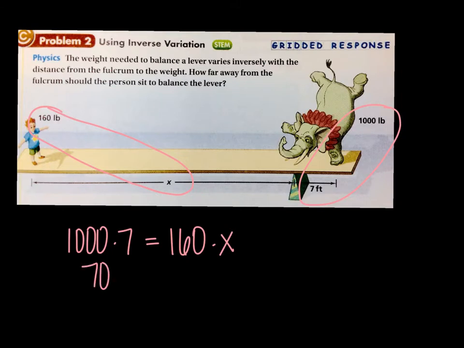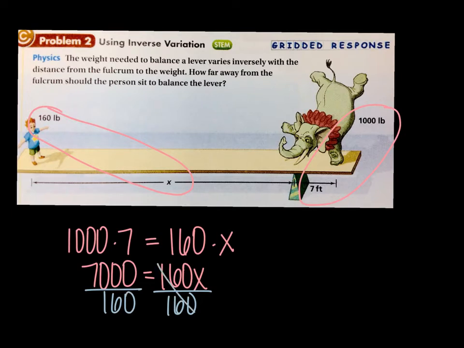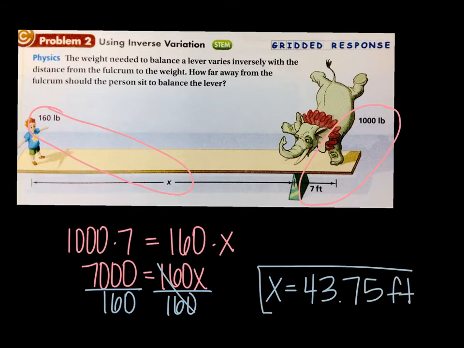So I get 7,000 equals 160x, and if I divide both sides by 160, I get 43.75. So that means that for the 160-pound person, they have to sit 43.75 feet from the fulcrum. So it is possible. I don't know if you'd want to do it. I don't know what kind of board's going to be strong enough to do that, but it is possible.